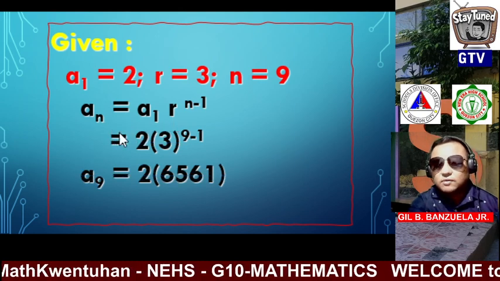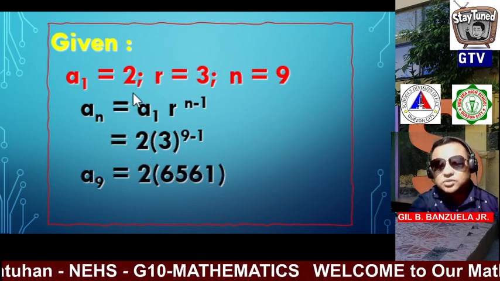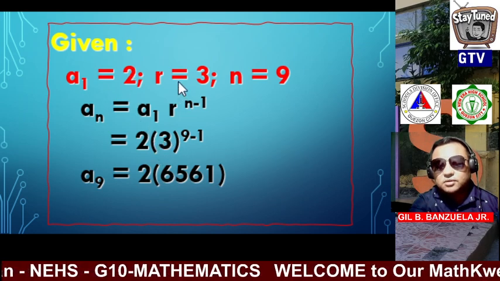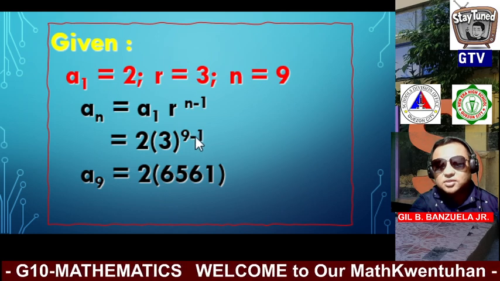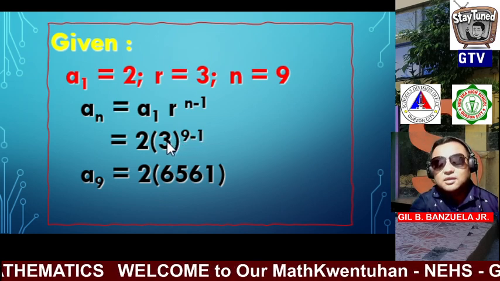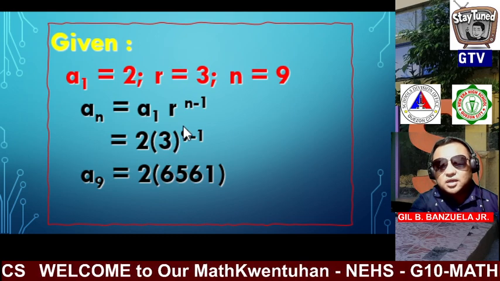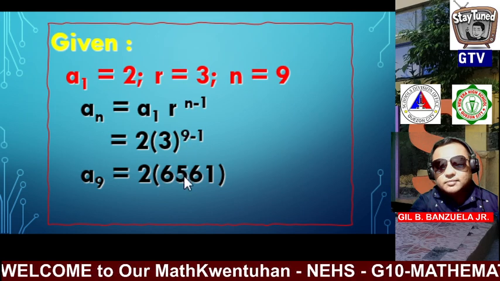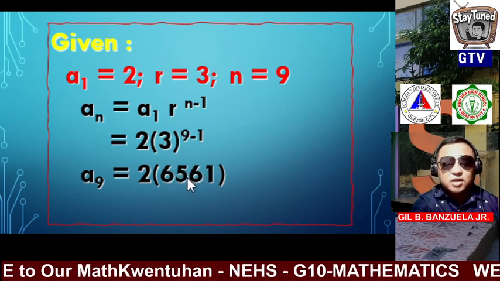And here we go. That is equal to 2, which is your first term, multiplied by the common ratio, which is 3, raised to 9 minus 1, which is 8. And you may press that on your calculator. So what is 3 raised to 8? Let's check if we arrive at the same answer. 6561.